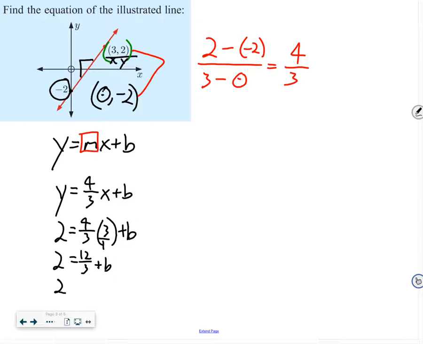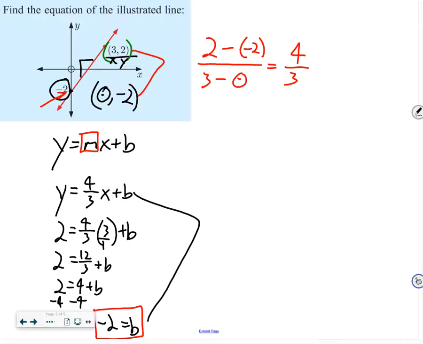Okay, so 2 equals 12 divided by 3 is 4 plus b. Subtract 4, and I get negative 2 is equal to b. Well, that should also make sense. I could have gotten that information by noticing that my y-intercept here was negative 2. So putting that information together, I get y equals 4/3 x minus 2 as my equation of a line.